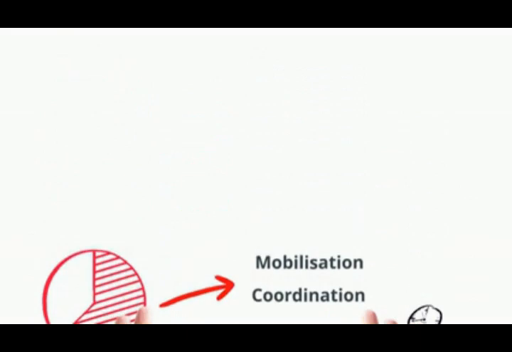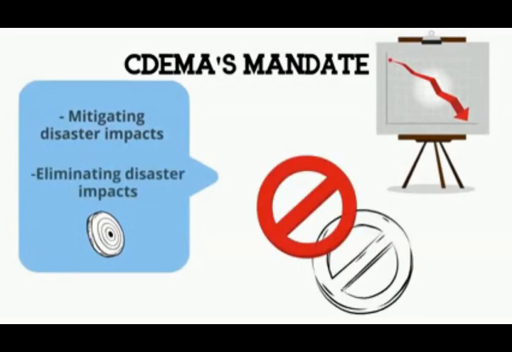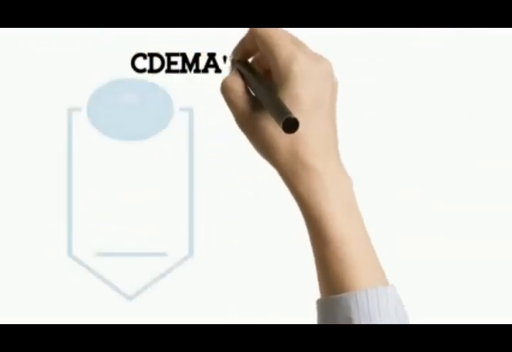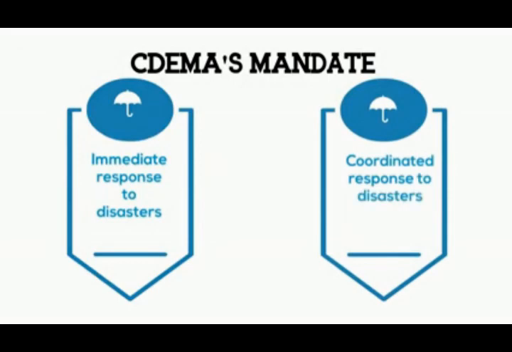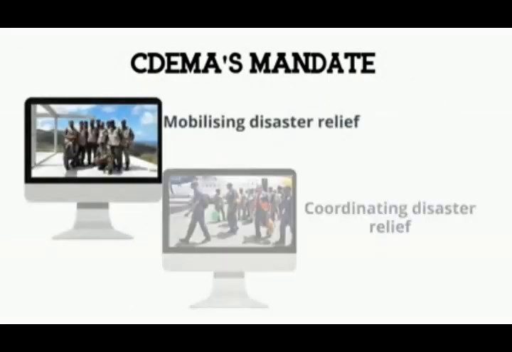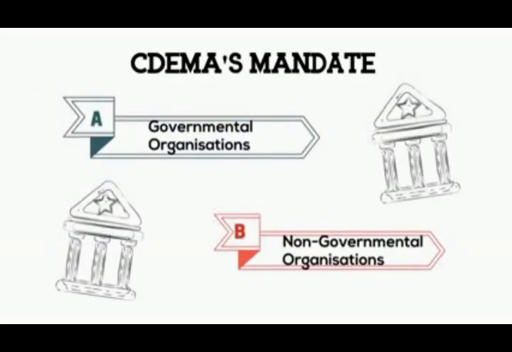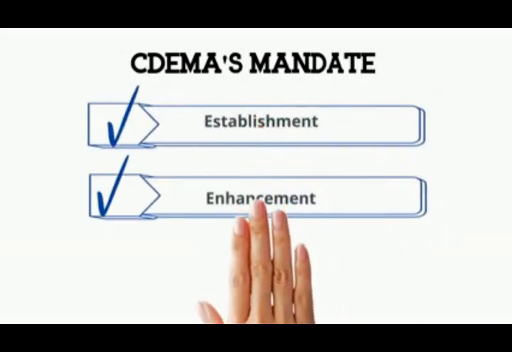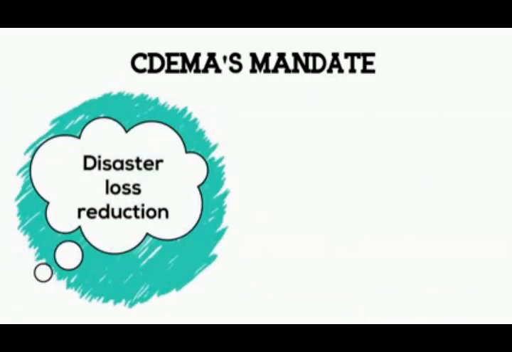CDEMA's mandate includes mitigating or eliminating as far as practicable the immediate consequences of disasters in participating states, immediate and coordinated response to disasters in participating states, mobilizing and coordinating disaster relief from governmental and non-governmental organizations for affected participating states, to promote the establishment, enhancement, and maintenance of disaster response capabilities and disaster loss reduction and development of a culture of safety.